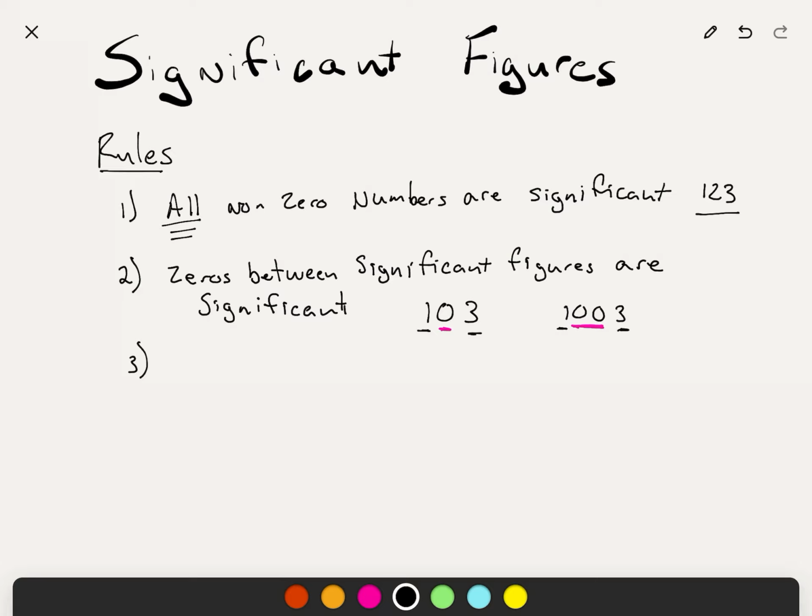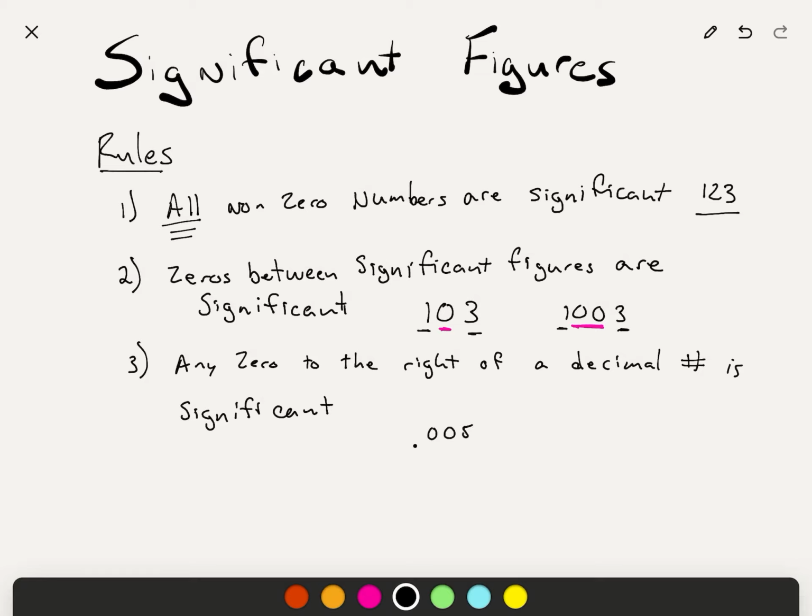Rule 3. A 0, or any 0, to the right of a decimal number is significant. An example here would be 0.0050.